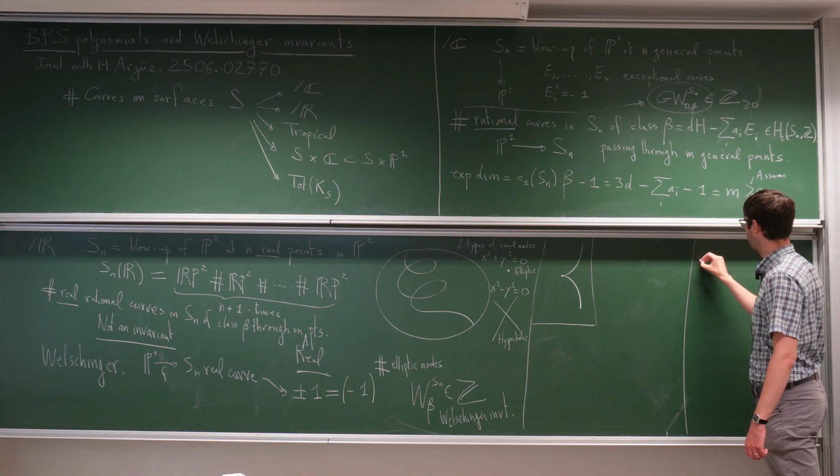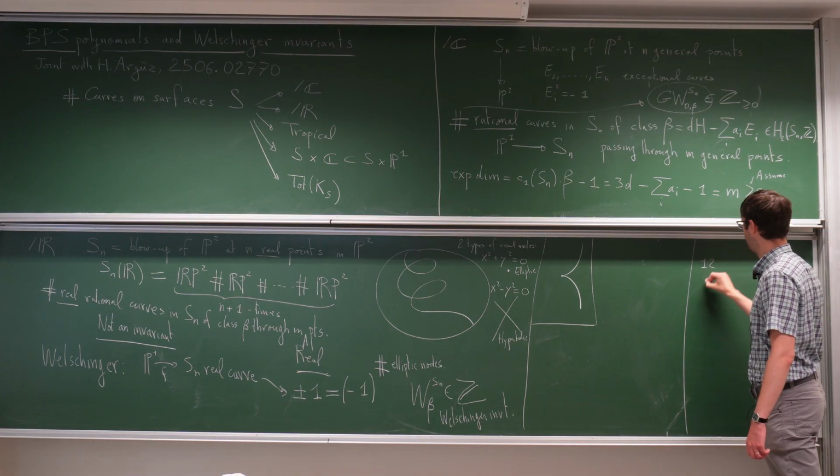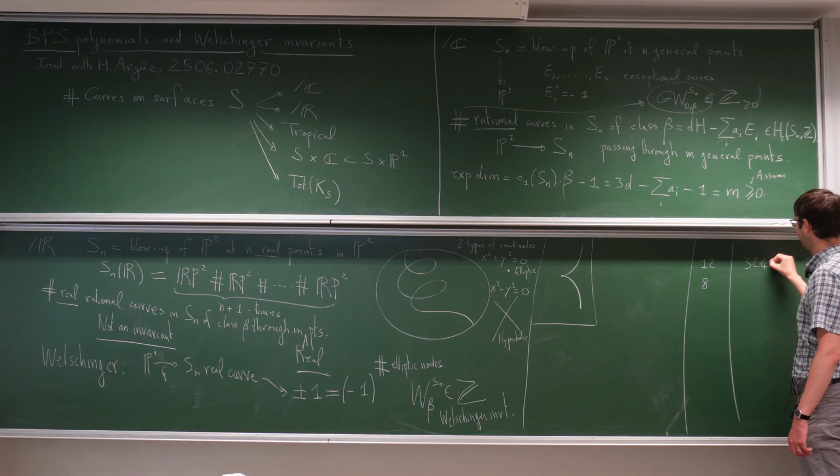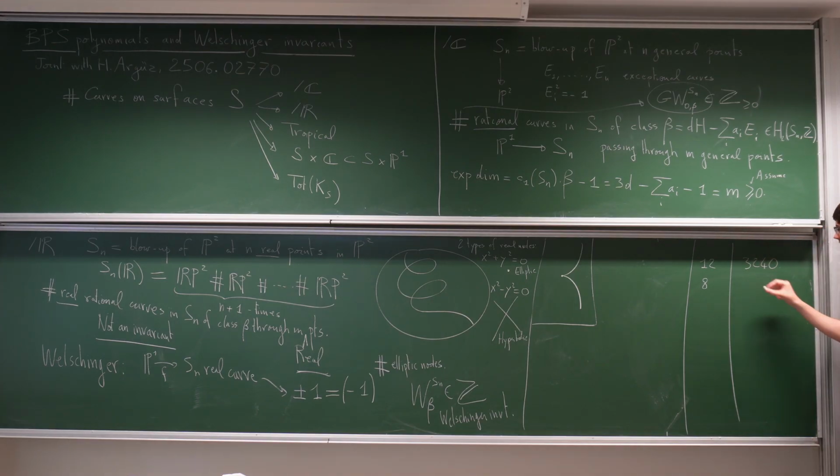Okay, and I think, by mistake, I erased my example. So here I have the example with 12 and 8, and this example with 3,240. And if you calculate the Welschinger invariant for that, you find 1,000.